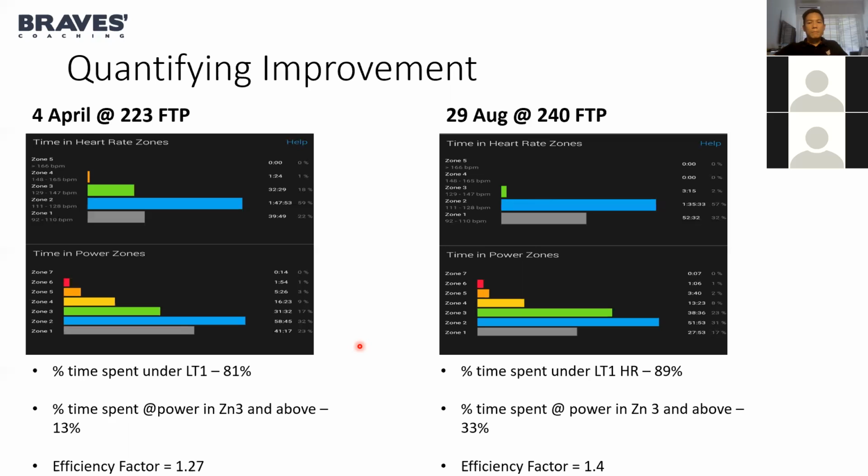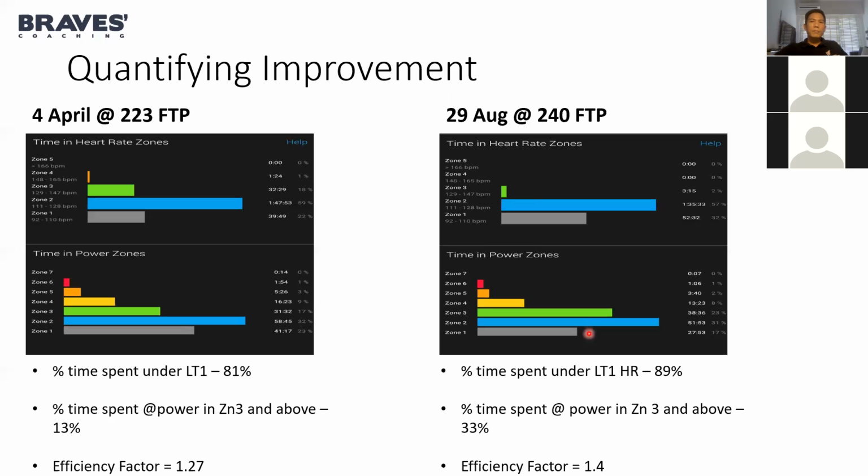Okay, and the cherry, I guess, on top of the cake was that on this ride done a couple of weeks ago the FTP was at 240, and my FTP in the fourth variable was 223. So that makes it even more significant that I'm riding above zone 3 power for 20% more time.